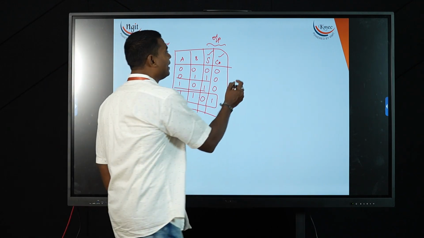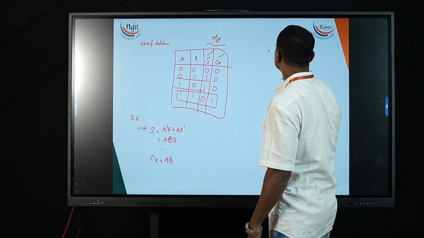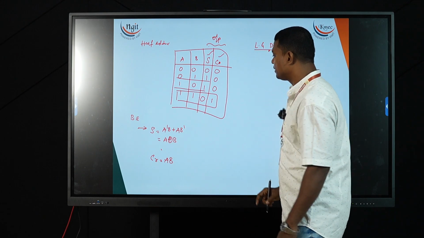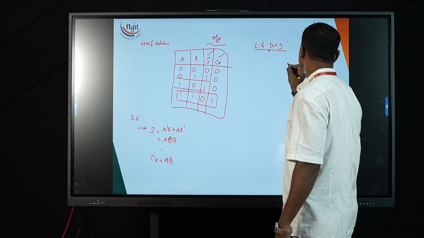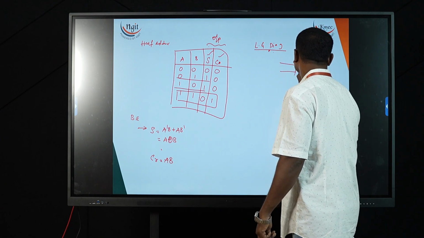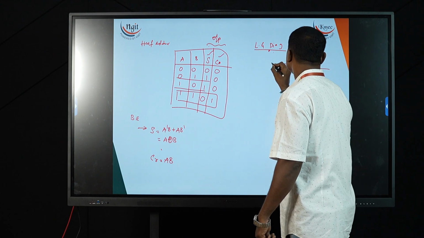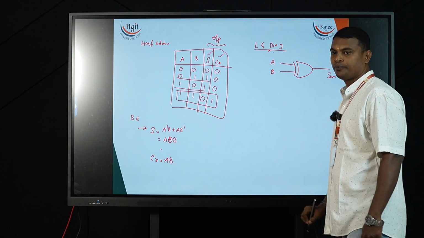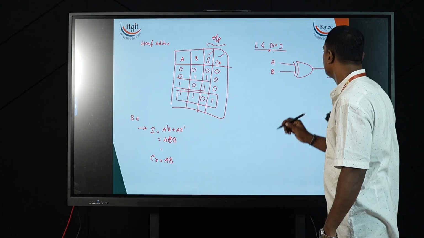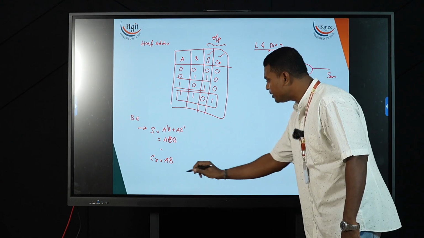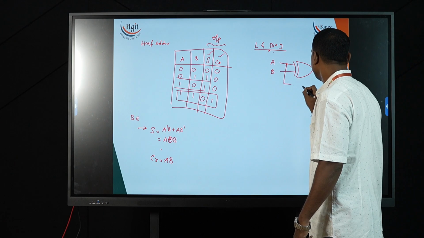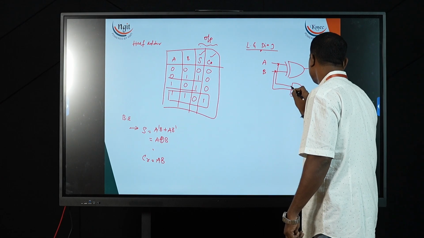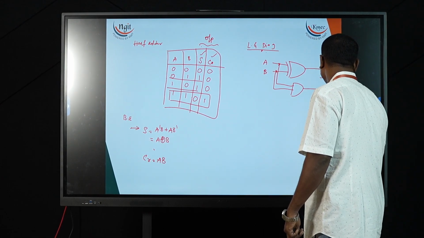Now coming to my logic diagram, which can be represented like this. The first one is A exclusive OR B, which means I should have an XOR operation performed between A and B, giving me the sum. Next, the carry equation: I need to generate a carry, which is an AND operation between A and B. I should take the A terminal and the B terminal and perform an AND operation between them to get the carry value.